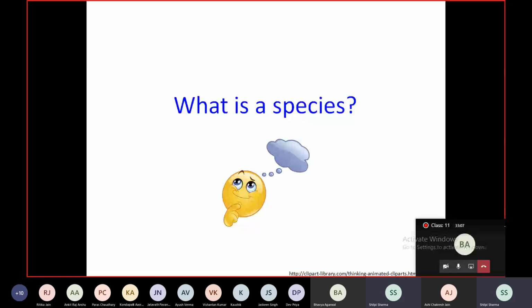Bhavya, you can lower your hand. Nobody else. So Bhavya, do you think this will be an issue with prokaryotes? Defining a species?